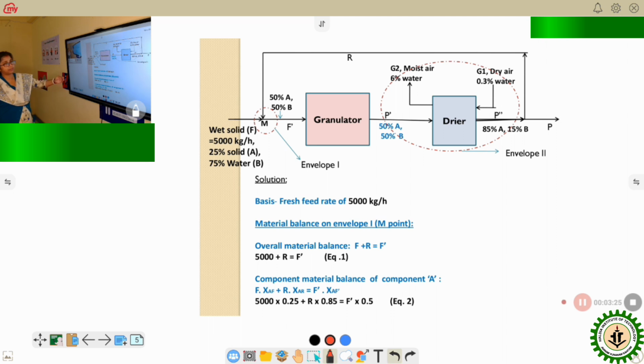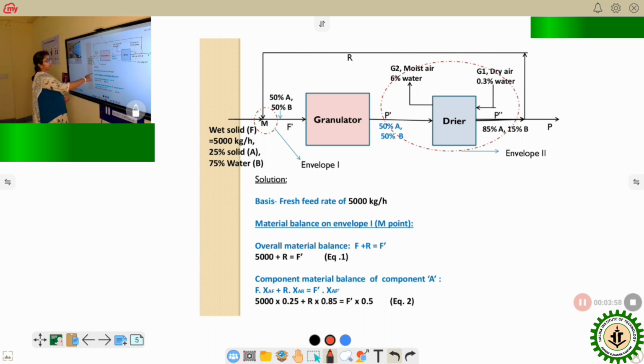Here firstly a block diagram is drawn where all the given data are reflected. Two units are involved, granulator and dryer. The fresh feed entering is wet solid, with a total mass flow rate of 5000 kg per hour as given in the problem, and compositions are given by wet percentage: 25% solid denoted by A, and water is B, with 75%.